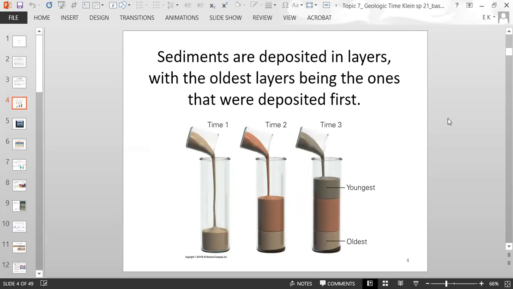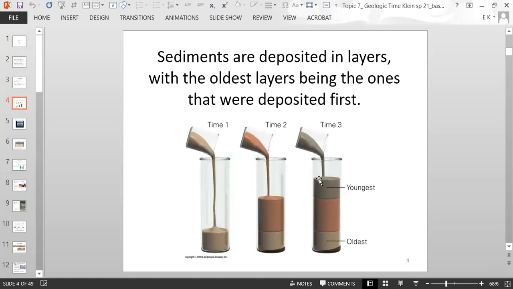So sediments are deposited in layers, with the oldest layers being the ones that were deposited first. So you see this lighter gray colored sediment is poured into this glass. And then later, you have this reddish orangey color sediment poured on top of that.